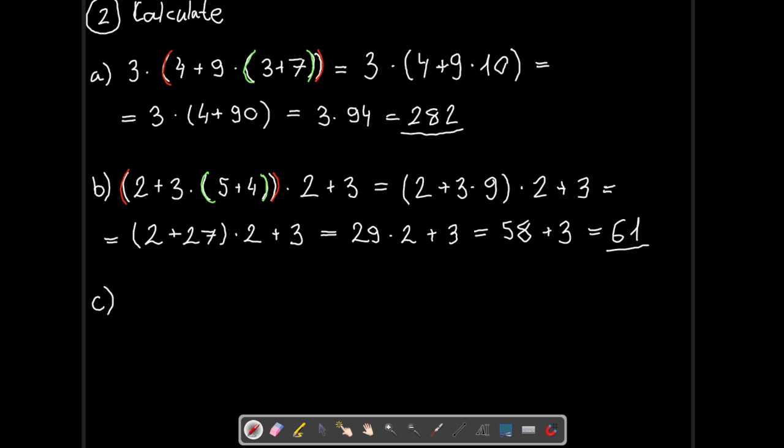Example C. 3 times 2 times 4 plus 6 plus 1 plus 12. Okay, once again we need to solve the bracket first.